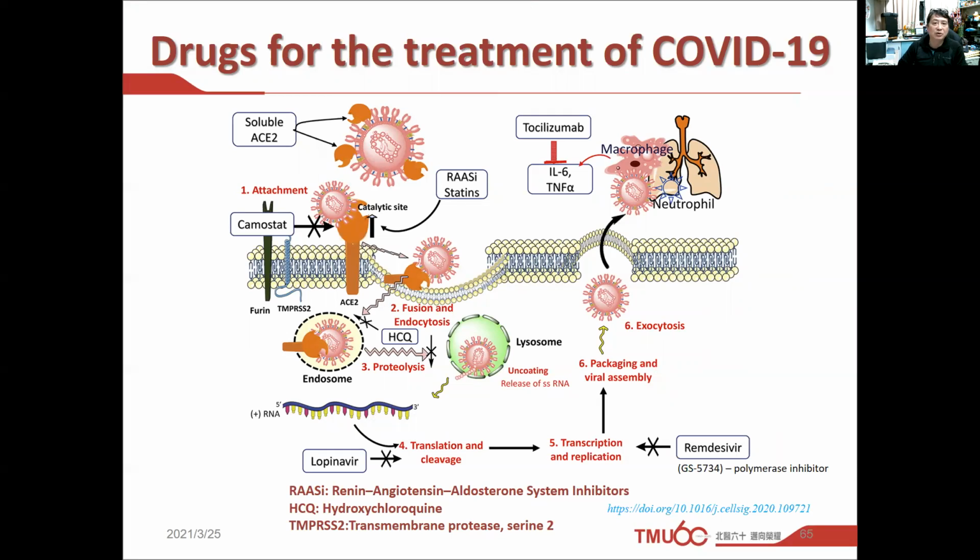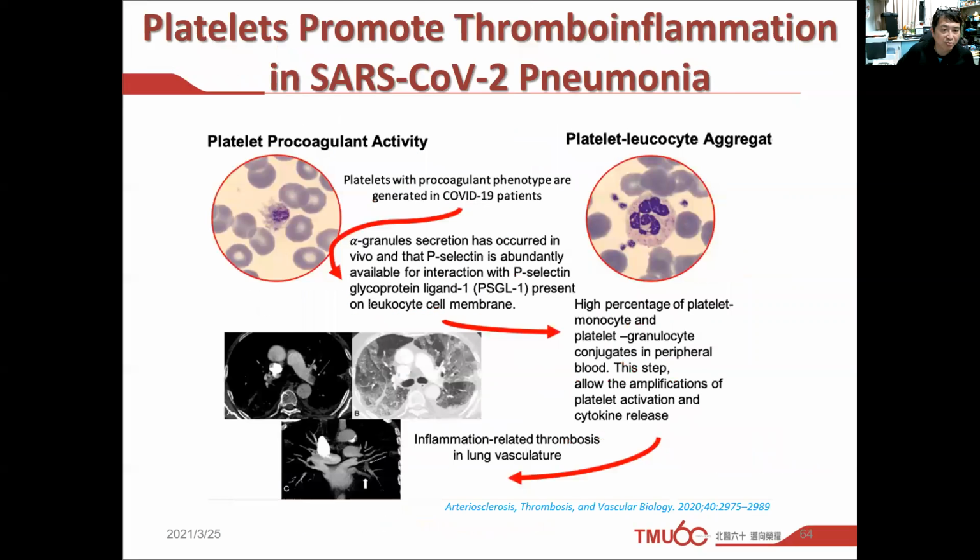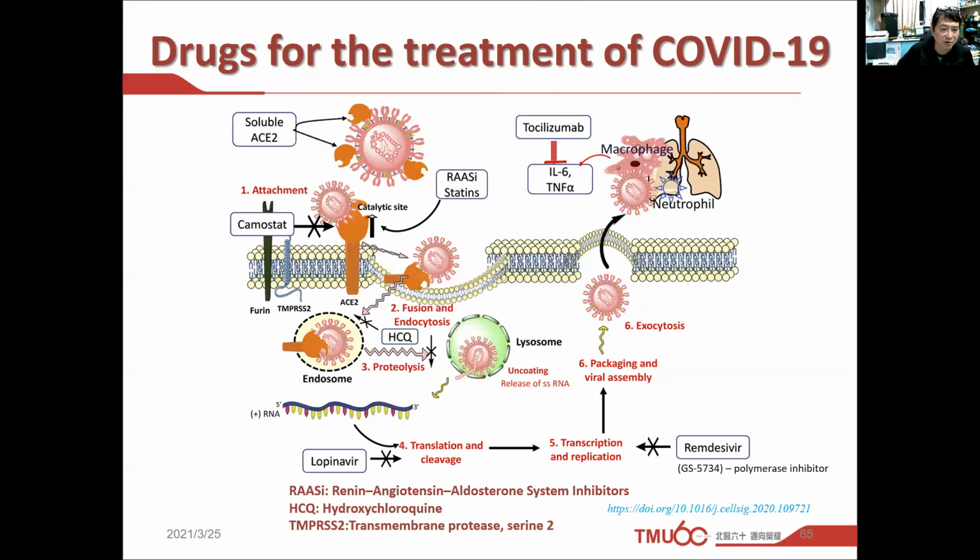Okay, here are the drugs for treating COVID-19. We can use an antibody to block the binding between the ACE2 receptor and the S1 spike protein. Also, we can use protease inhibitors, for example camostat, to block the functional protease TMPRSS2, reducing the fusion between the membrane and the virus.